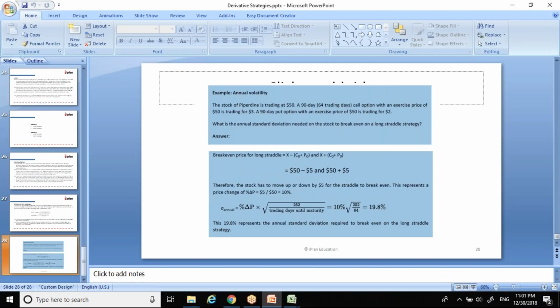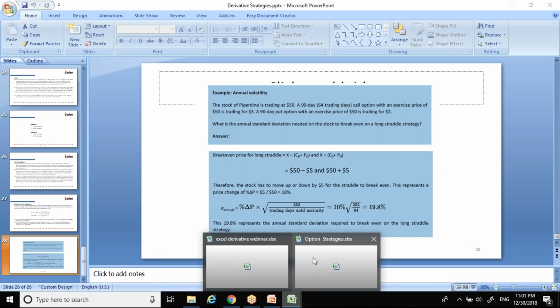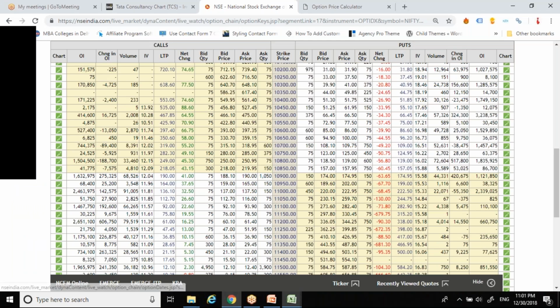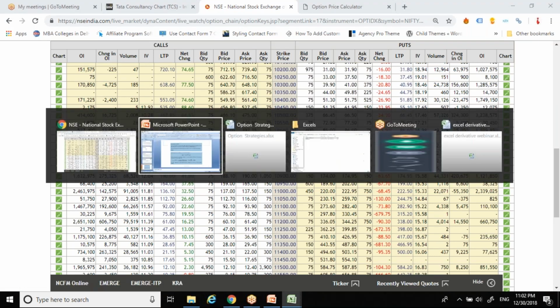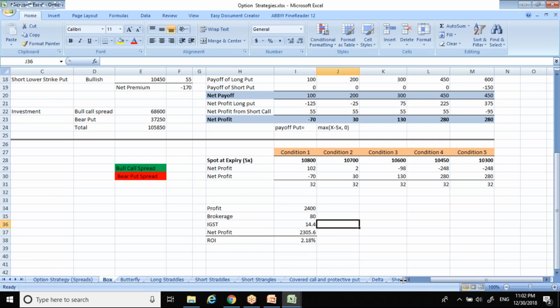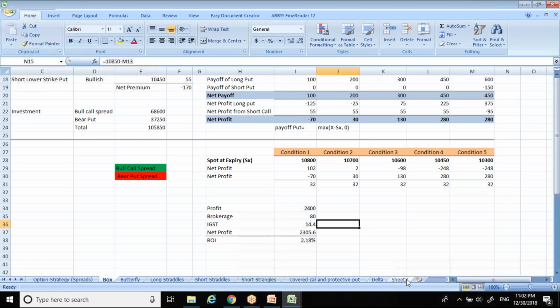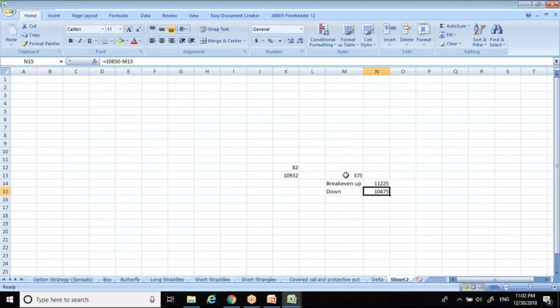So let's take an example. Let's suppose we are creating a straddle here at 10,850. We have premiums of 218 and 157. So how much change do we need?